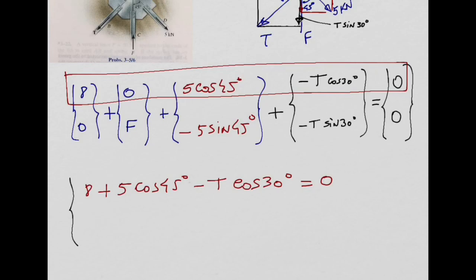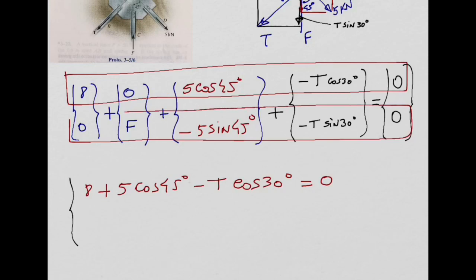The second equilibrium equation is, if I now look at the y components, these ones here, and just write them down. So we get F minus 5 sine of 45 degrees minus T sine of 30 degrees equal to 0. All right? And look at this now. We have here a system of equations. Two equations for two unknowns, right? What are the unknowns?